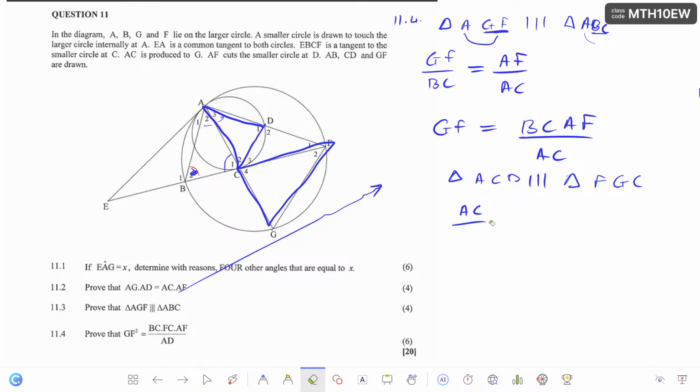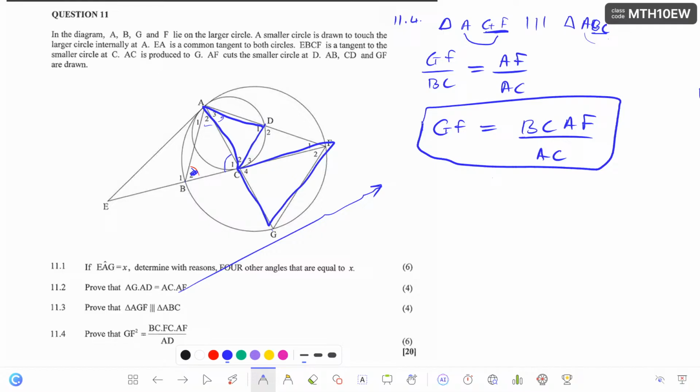Guys, for this last question, I don't want to lie, my brain is tired. So if I get time, let me go back and try to understand this question, because I'm stuck from here. I don't know where to go.